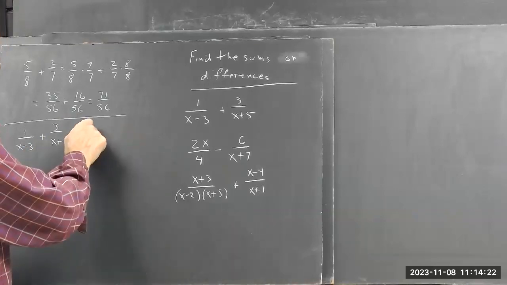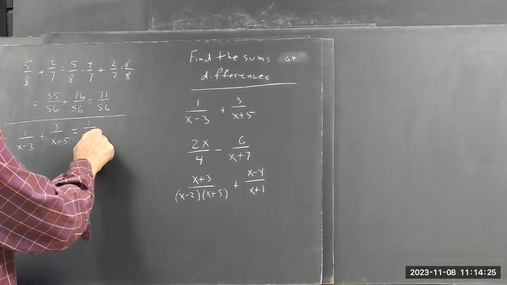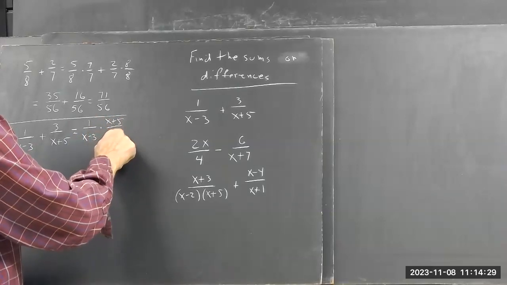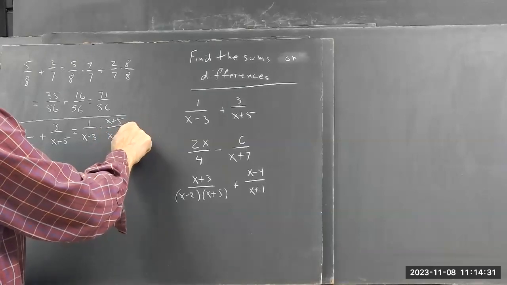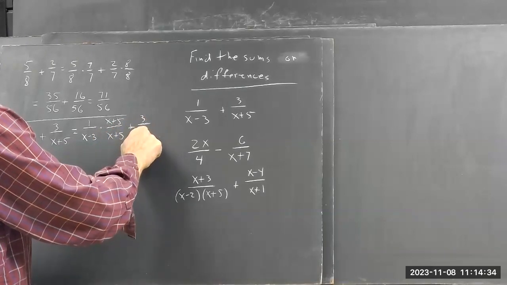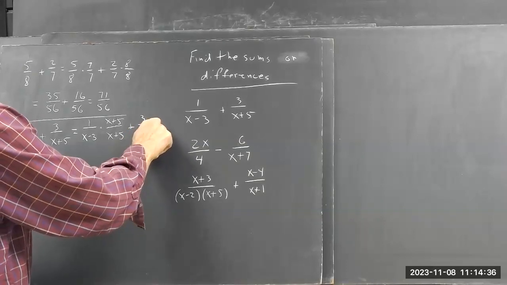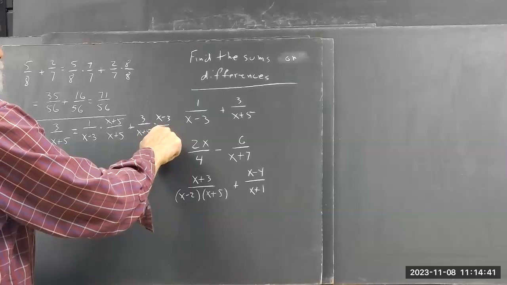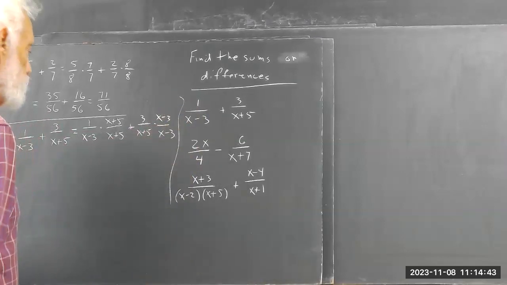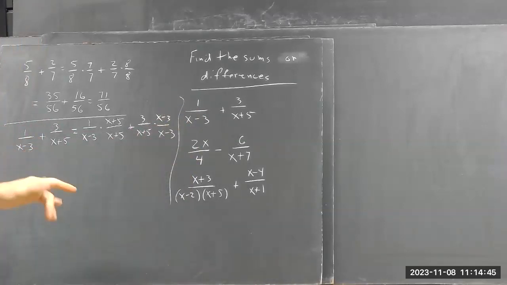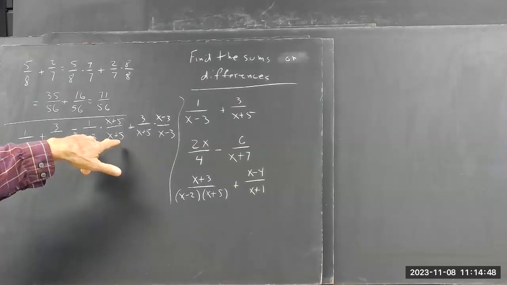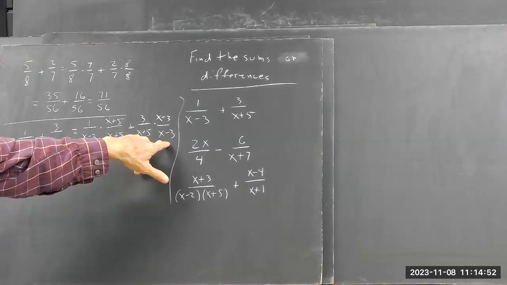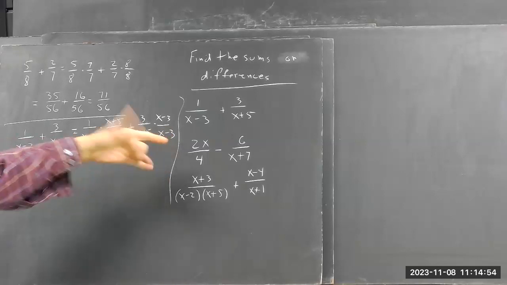We do 1 over x minus 3 multiplied by x plus 5 over x plus 5, plus 3 over x plus 5 multiplied by x minus 3 over x minus 3. And now we have the same denominator, x minus 3 times x plus 5. And of course, this one will be x plus 5 times x minus 3, which is the same.